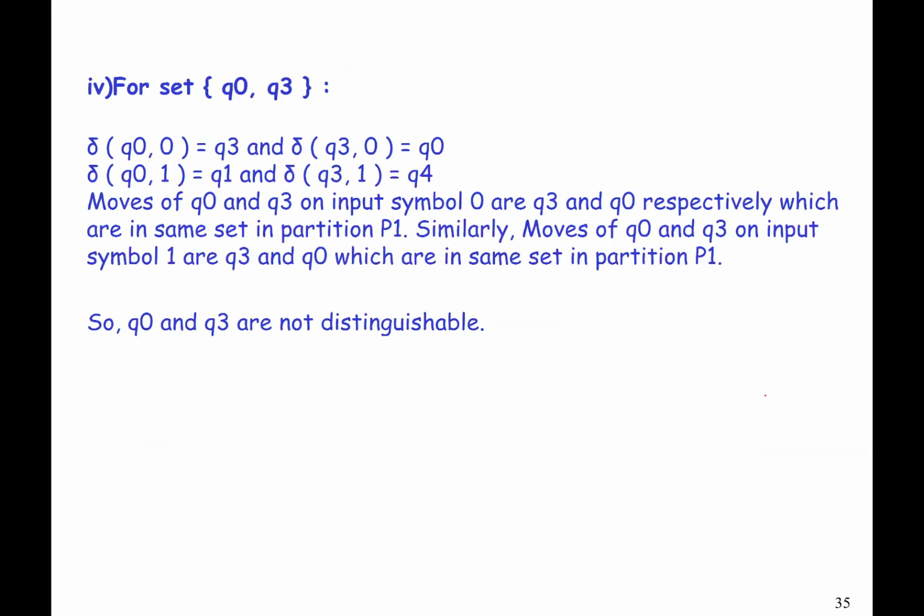Then the next group to look at is Q0, Q3. See if they are distinguishable. And it appears in this case that they're all going to the same unique state. So they are in the same partition. Q0, Q3 are in the same group. Q1 and Q4 are in the same group. So Q0, Q3 are not distinguishable.